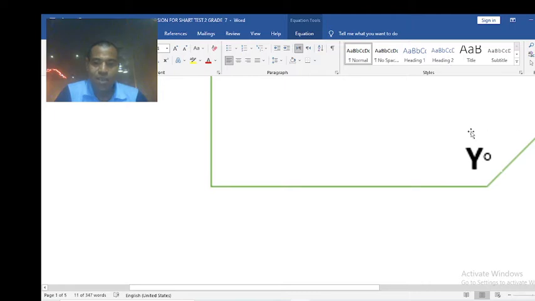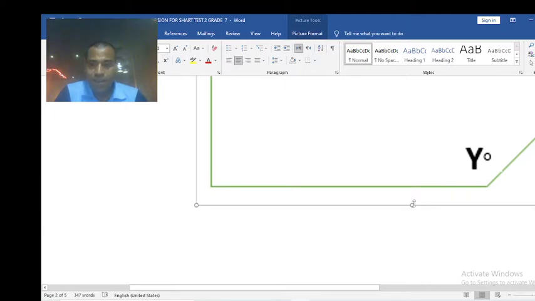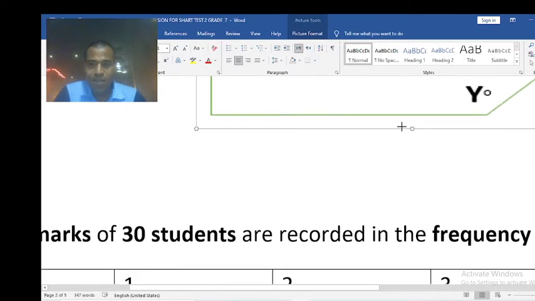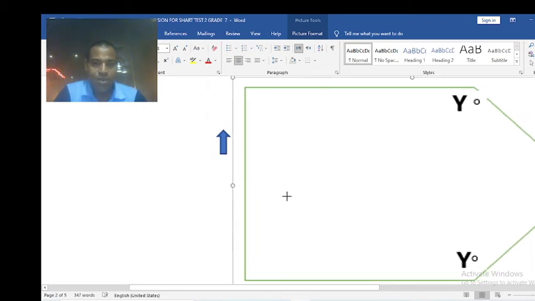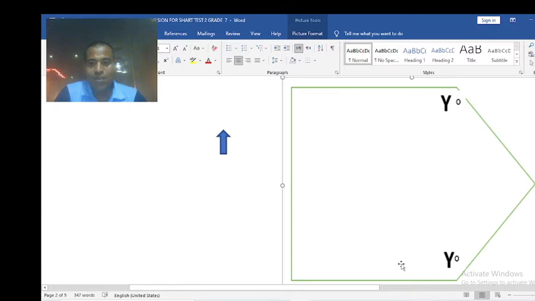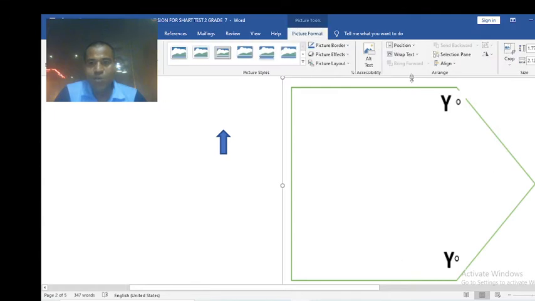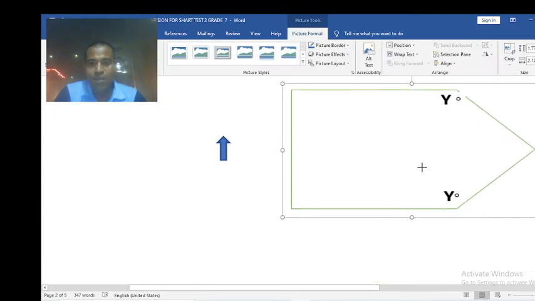I can make this shape small, then reduce the length. Now it's clear how the shape looks after reducing. This is the shape that we are going to solve for y.